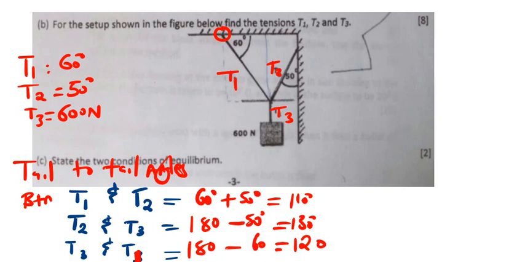Now that we found the tail to tail, we have to find the force triangle interior angles. We found everything that is outside. Now what about inside? Because we're trying to achieve equilibrium both inside and outside.